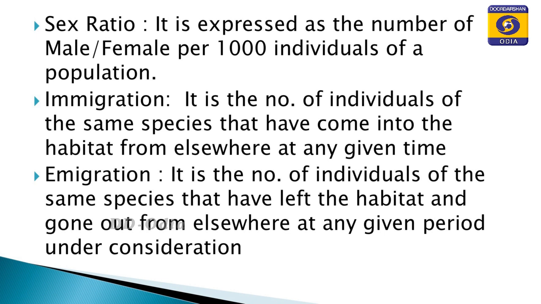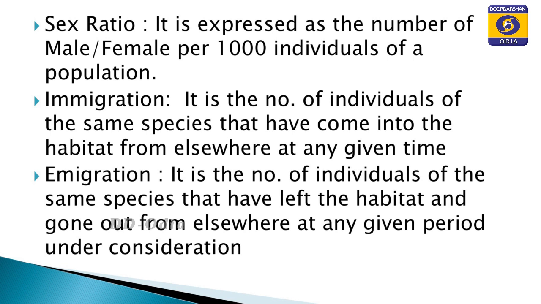Then comes immigration. It is the number of individuals of the same species that have come into the habitat from elsewhere at any given time. When the population starts in a new habitat, actually immigration will be more.